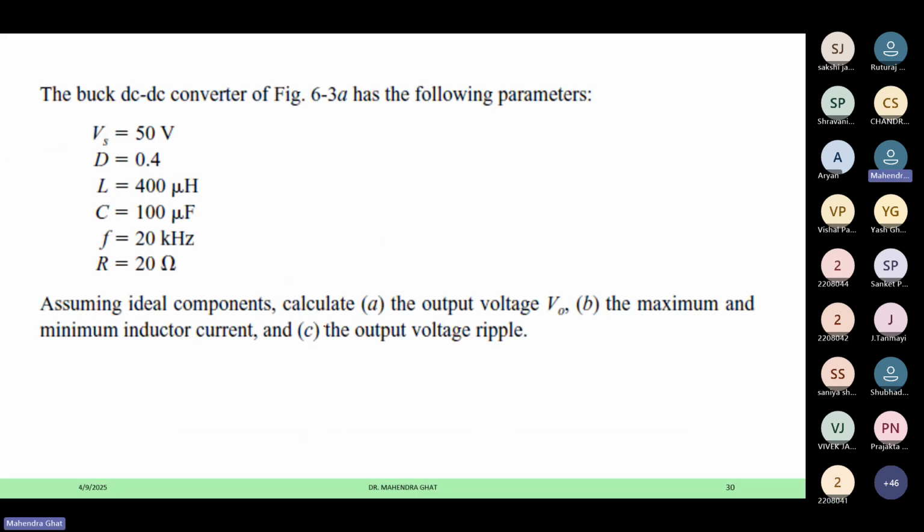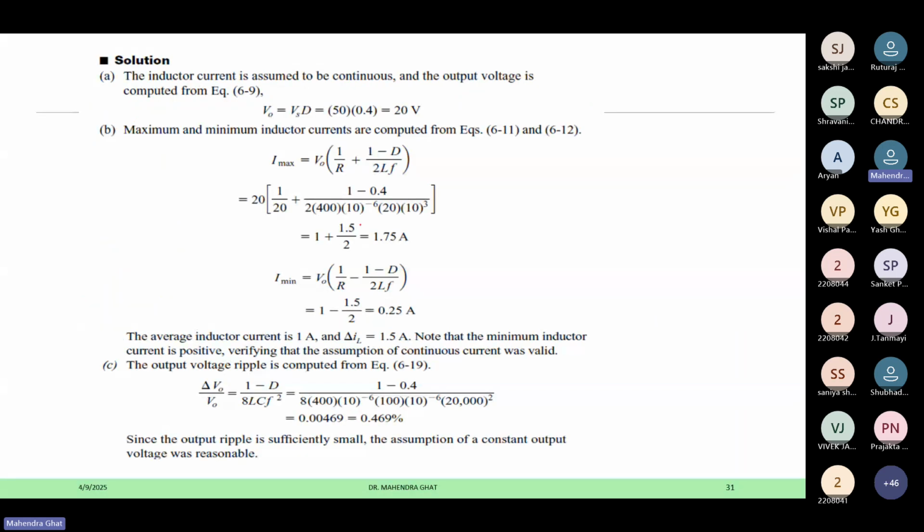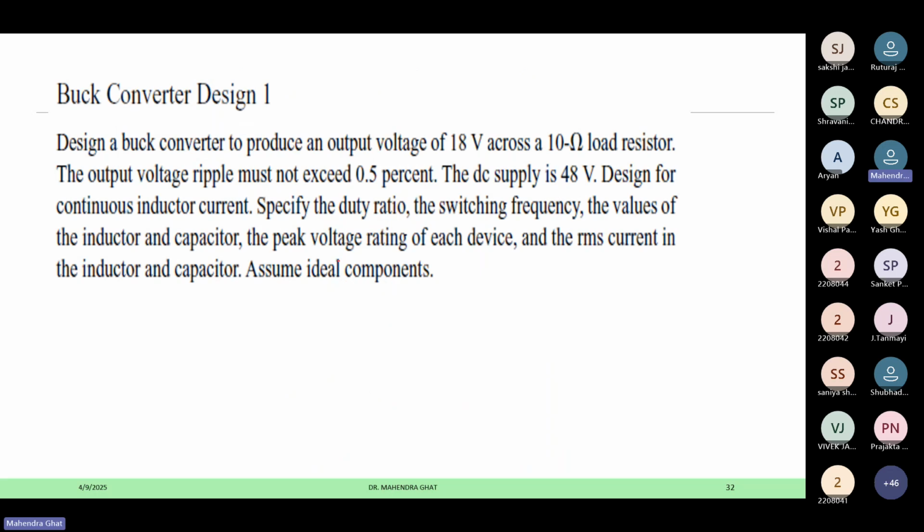From that we solved one equation where we calculated the output voltage from the duty, and the I max, I min, and the ripple ratio. This was the homework which I have given to you, to design the buck converter.